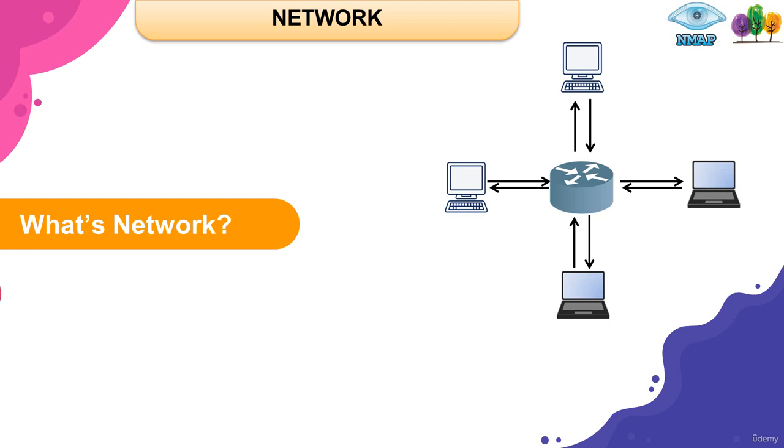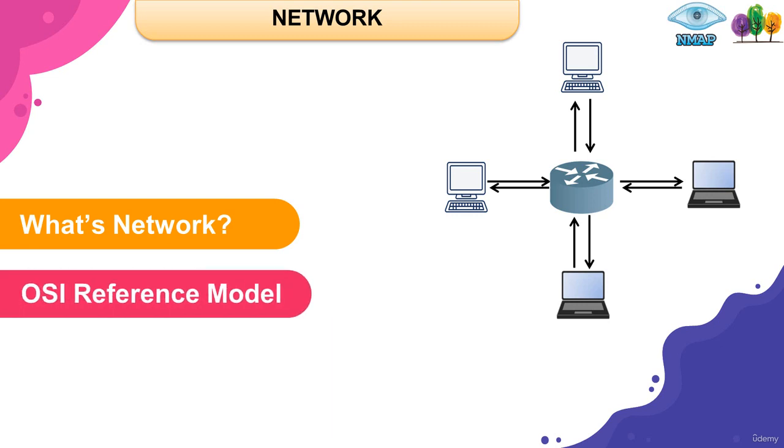Information and system resources are shared among different users, and data can also be transferred from one location to another. A network is formed just by connecting at least two devices. Now, on the OSI reference model, it's located on layer 3.